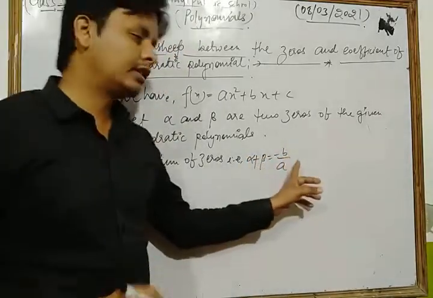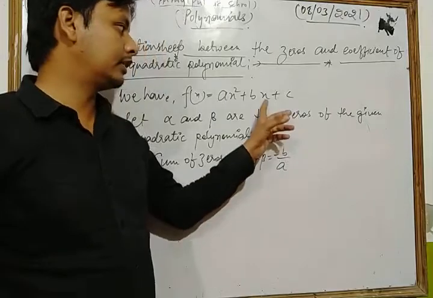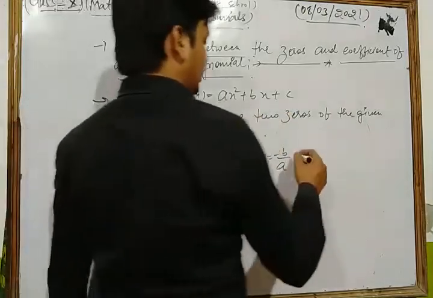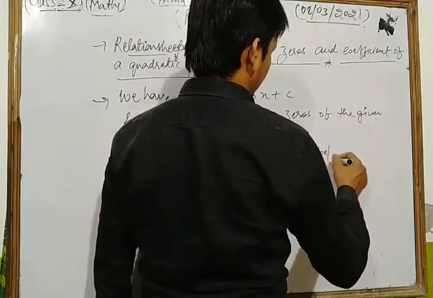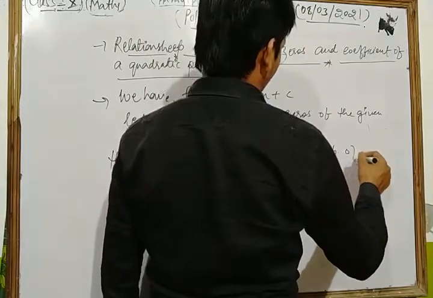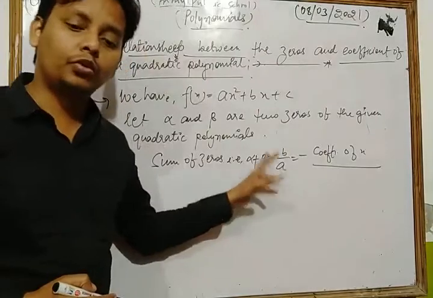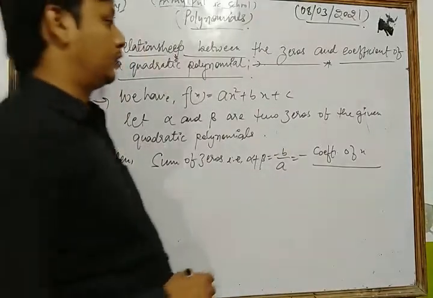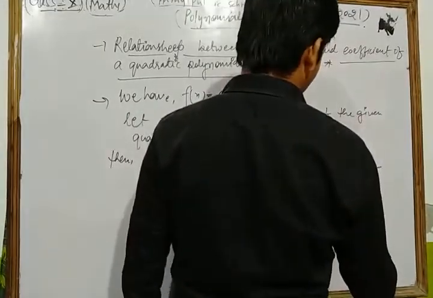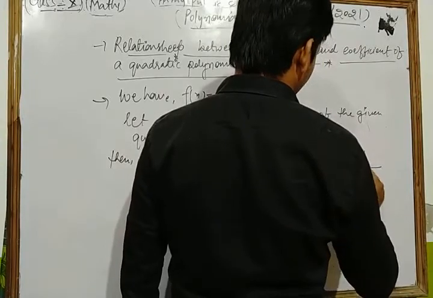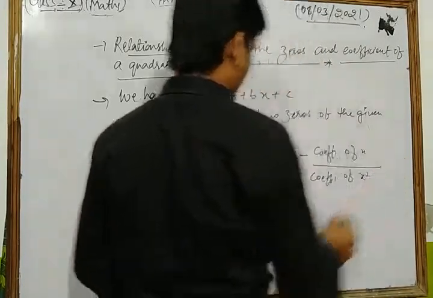Here b is the coefficient of x, so that is minus coefficient of x upon a, and a is the coefficient of x square.